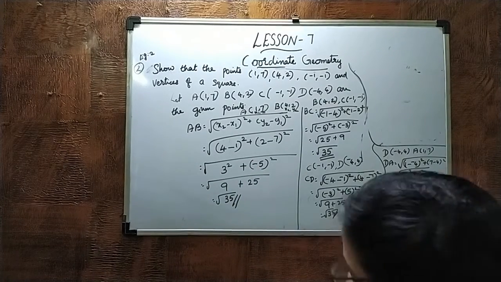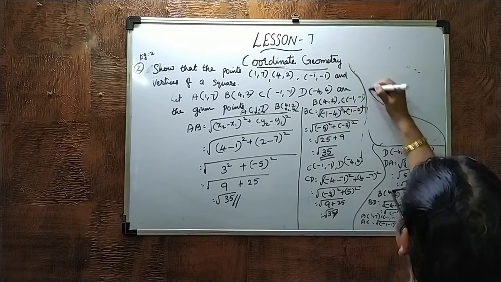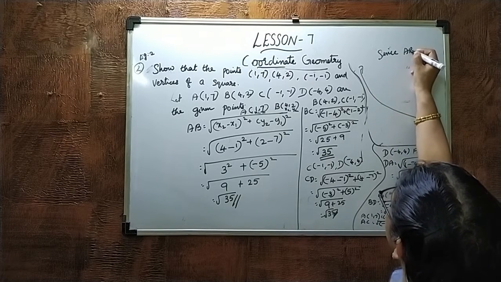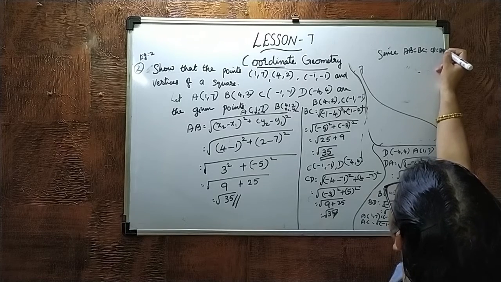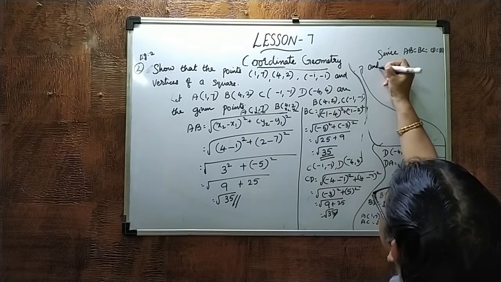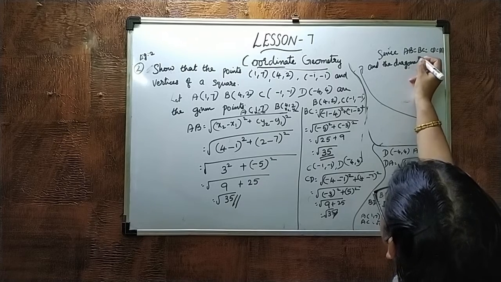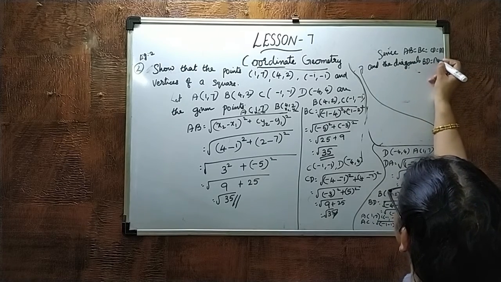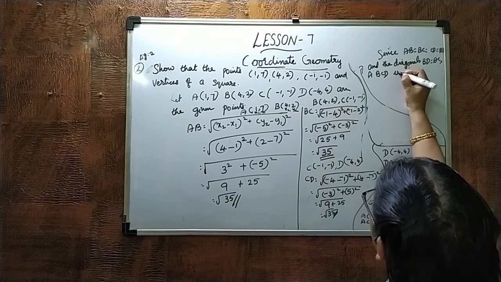Okay, at the last you have to write. Since AB equals BC equals CD equals DA and the diagonals, which one? BD equals AC, ABCD is a square.